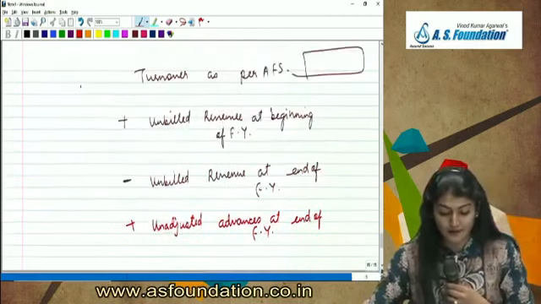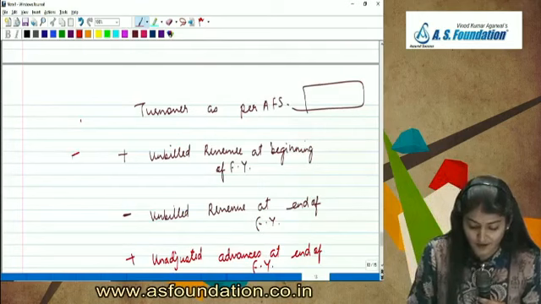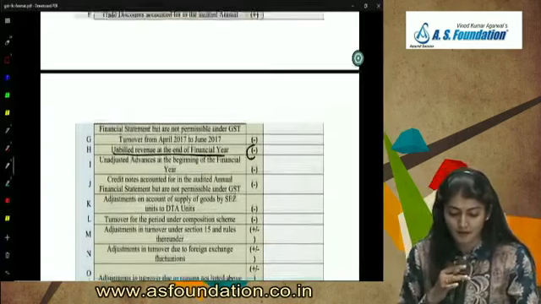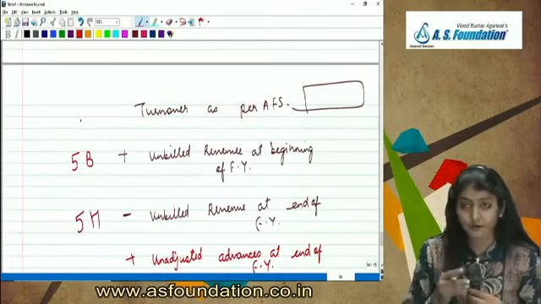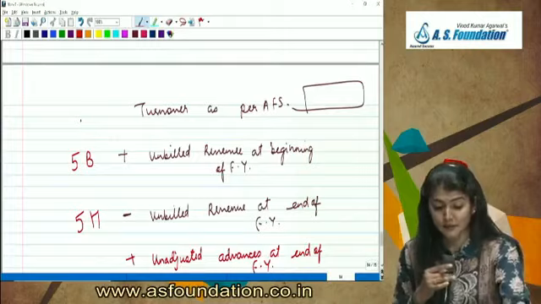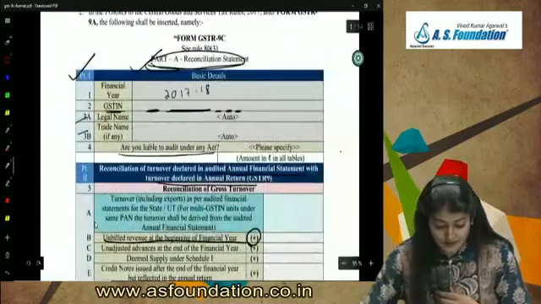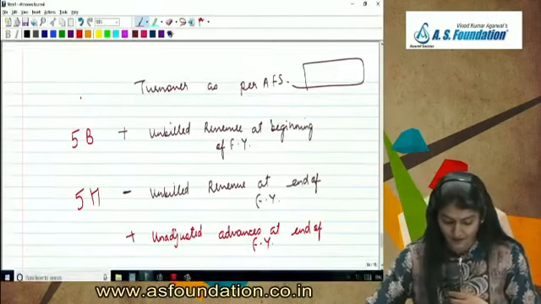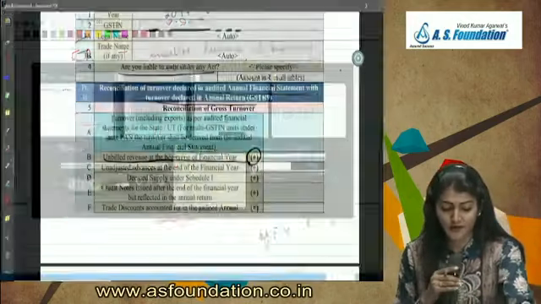Okay, what is the expectation? What are they saying over there? Unbilled revenue at the beginning of the financial year, 5B. At the end of the financial year, 5H. They say serial number 5, clause B, clause H. Then unadjusted advances at the end of the financial year, 5C.